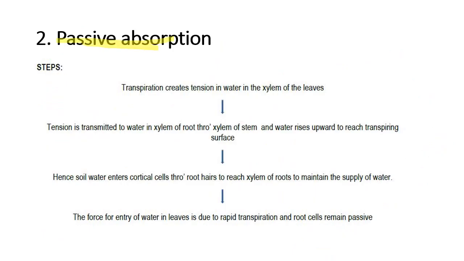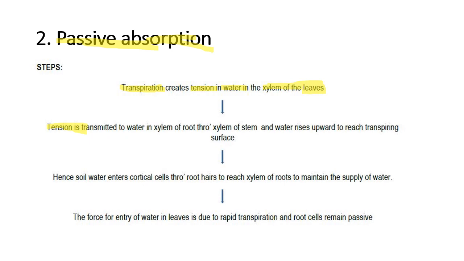Now coming to passive absorption, as I told earlier, the major process involved is transpiration. This transpiration process creates a pressure in the water in the xylem vessels present in the leaf region. This pressure is transmitted to the xylem vessels in the root through the xylem vessels present in the stem.